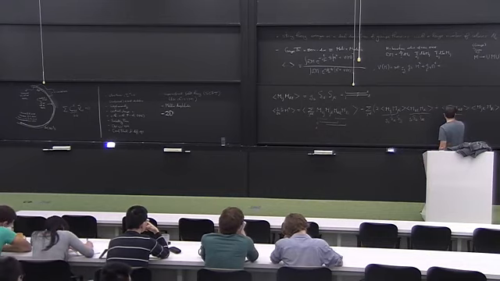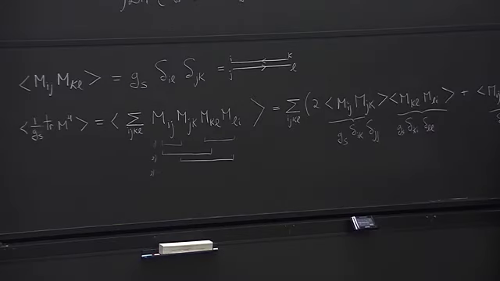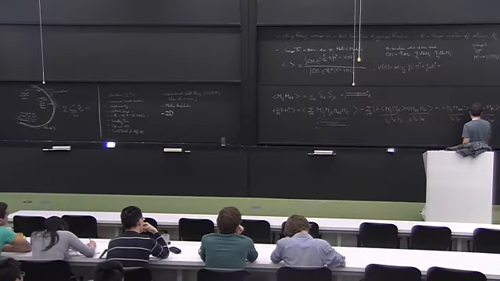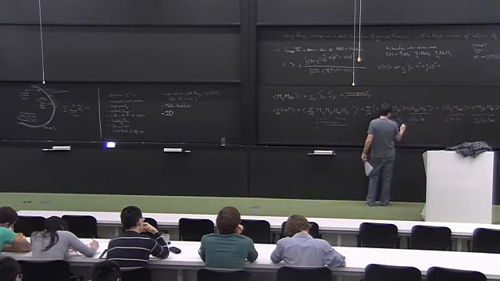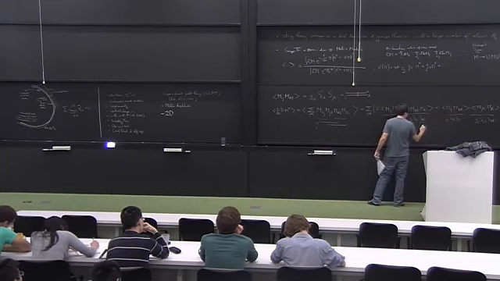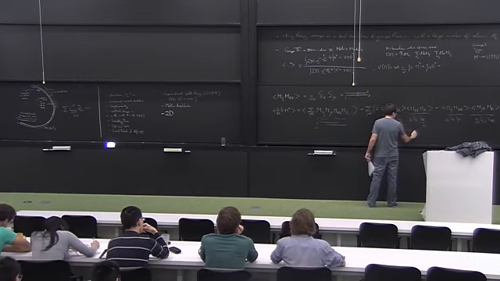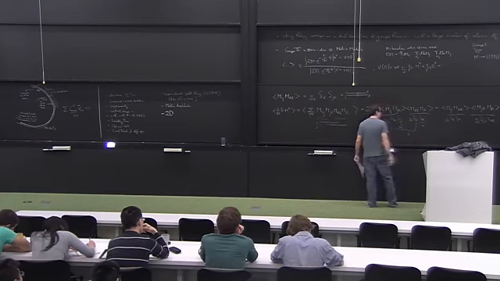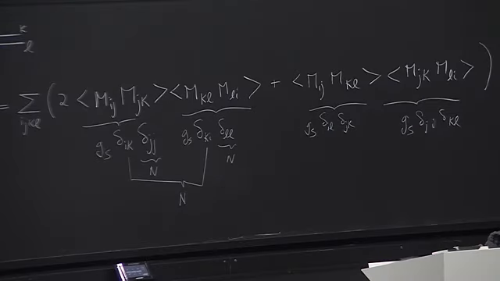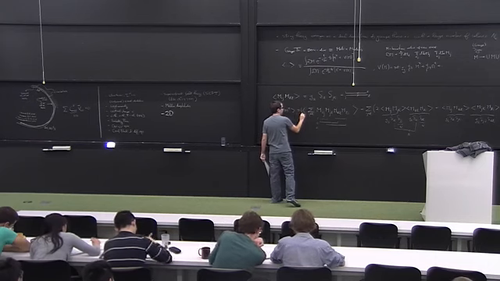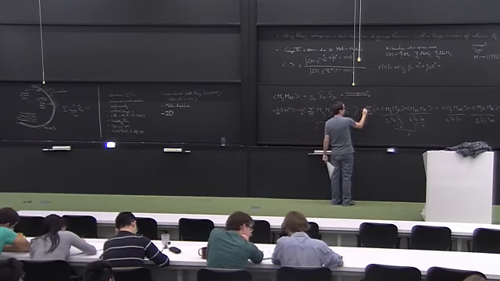Here we get delta I L, delta J K, and here delta J I, delta K L. So this guy gives n, this guy gives n, and then when I contract these two guys here, they give another power of n. They first give delta I I, and delta I I is n. Okay, and there is here 1 over G string that I forgot. 1 over G string here.